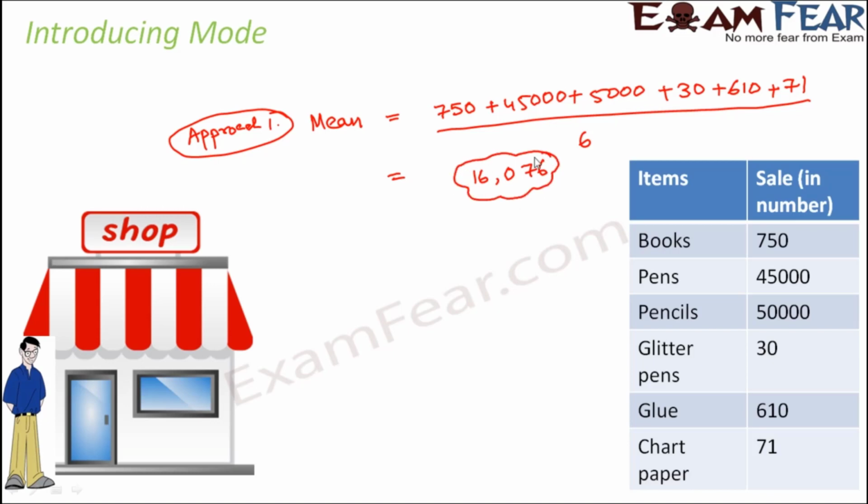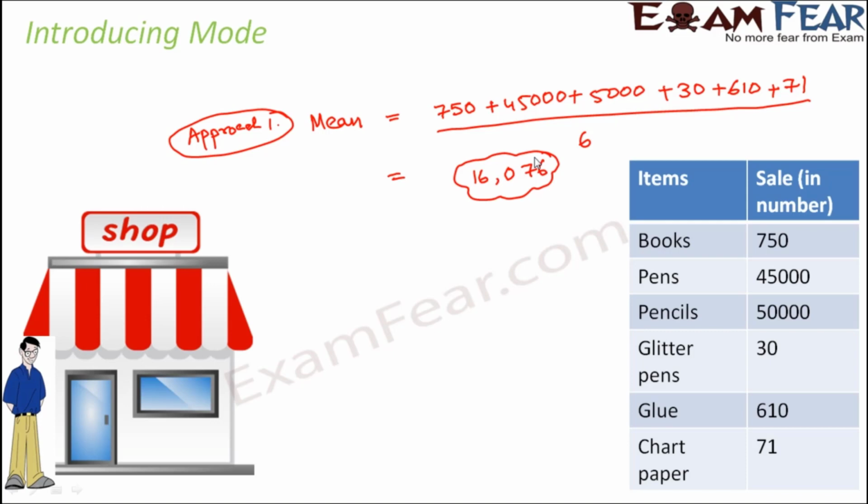What does this mean? This means that if we assume that all the items were sold in equal numbers, then each item sold 16,076. So we can say that 16,076 glitter pens were sold, 16,076 pencils were sold, 16,076 glue were sold, and so on.